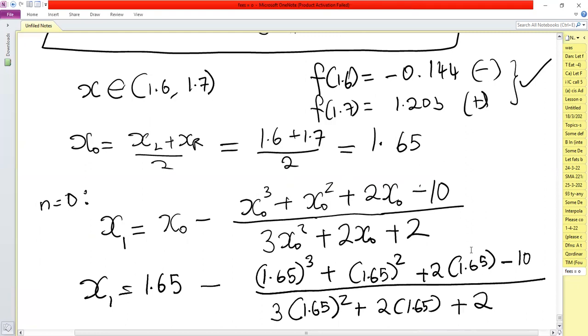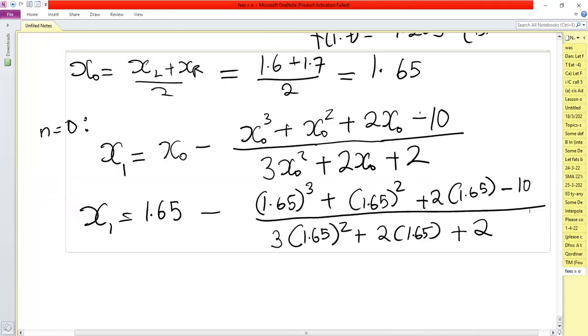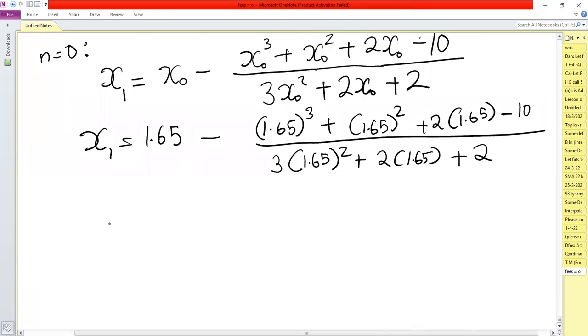So using your calculator, you evaluate this and you should get 1.611787637.